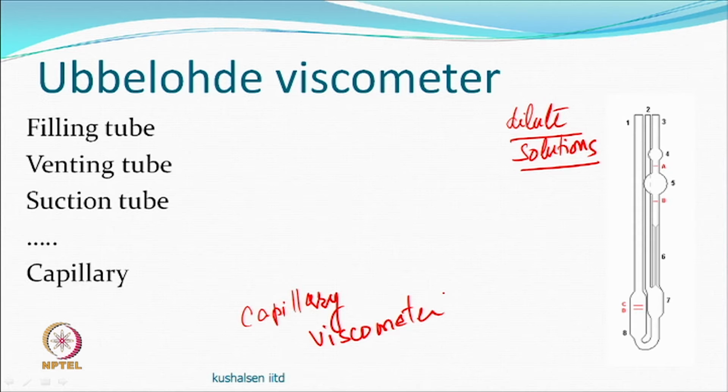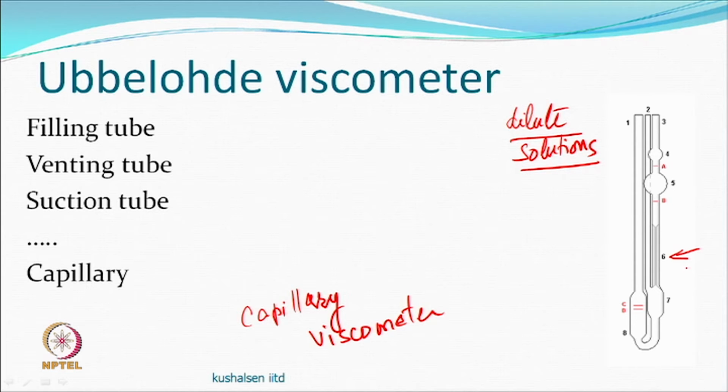This is one typical viscometer, called the Ubbelohde viscometer. You can use any such device, it does not have to be this device. What you are looking at is that there is a capillary here.